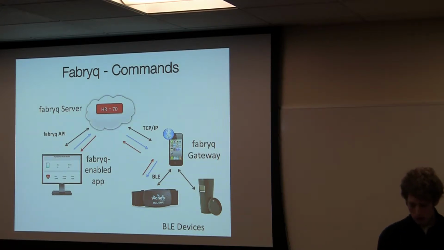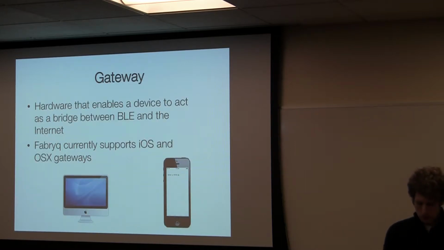Now to delve into how the different aspects of the system work, I'll start with the gateway. In general, gateways in these kinds of systems translate from one protocol to another.